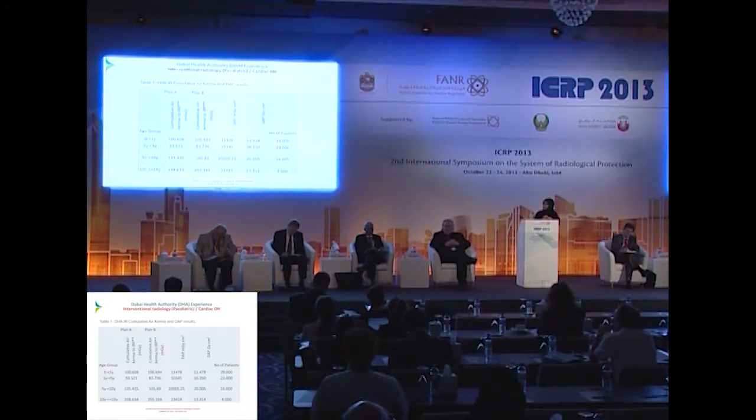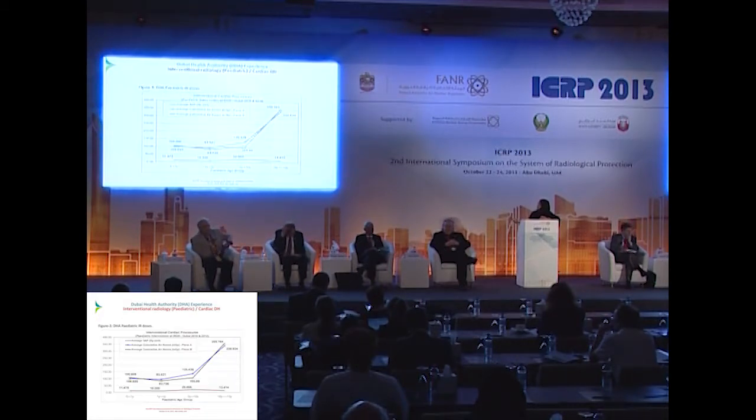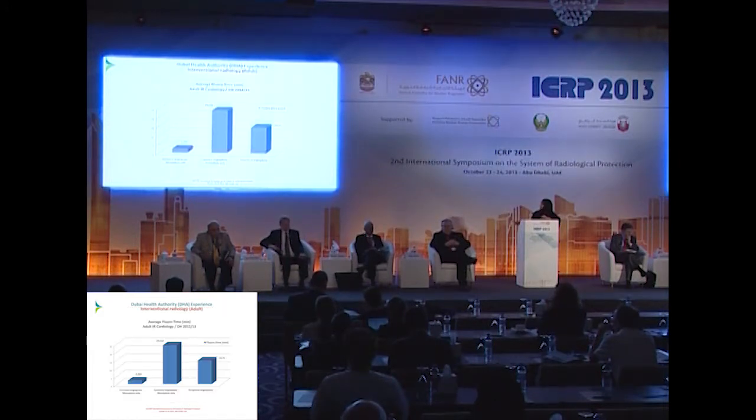This is for the pediatric, organized according to the age group. This is just also a diagram showing the data. It's the average DAP value and the cumulative values. This is for adult, the fluoroscopy time.